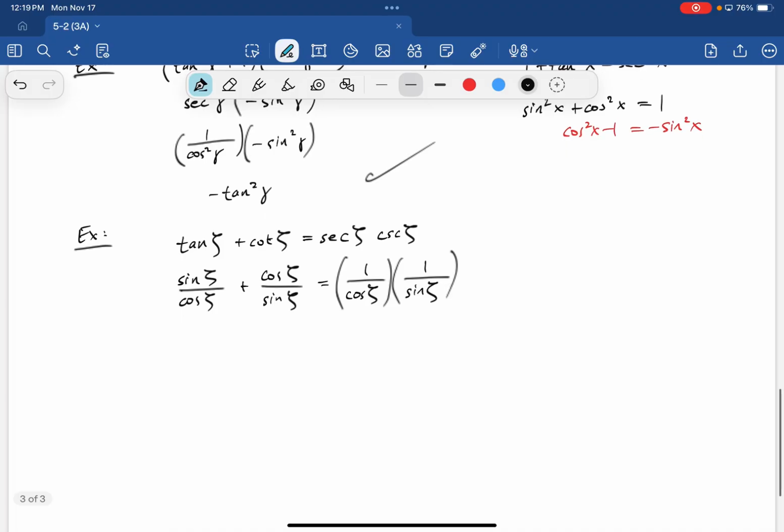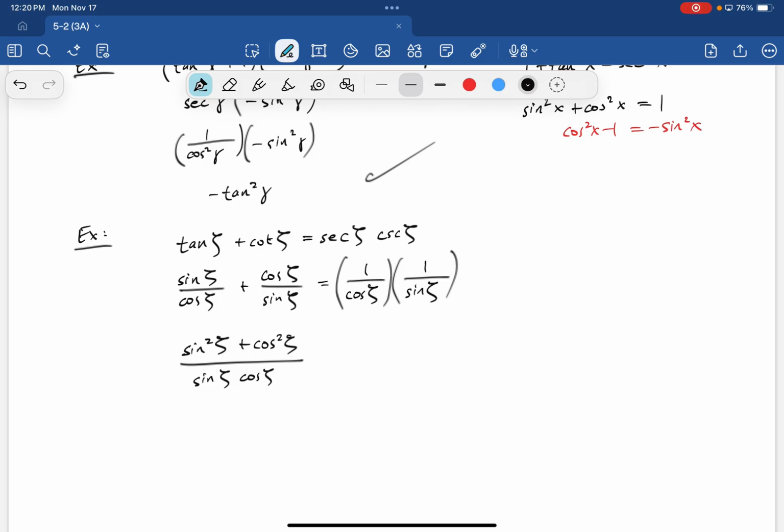Okay? So now this provides some complications which we can simplify into something interesting, right? So the left side, we can convert that into one single fraction. So if we make a common denominator, cross multiply, then this is just going to be sine squared zeta plus cosine squared zeta over sine zeta cosine zeta.